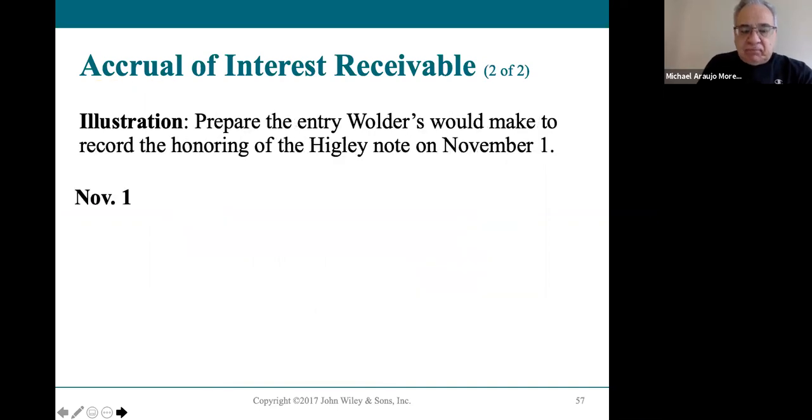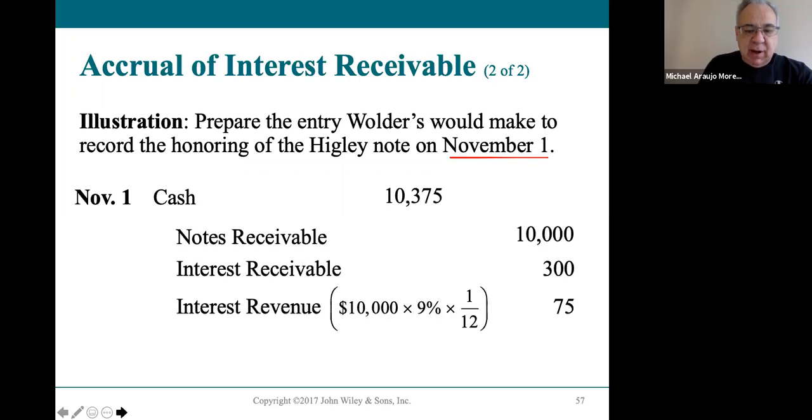Okay. So what happens on November the 1st? Well, they're going to get paid the whole thing. So in the case where they've had to make an adjusting entry as of September 30th, they get paid on November 1st, it would look a little bit different. They're still going to collect the full $10,375.